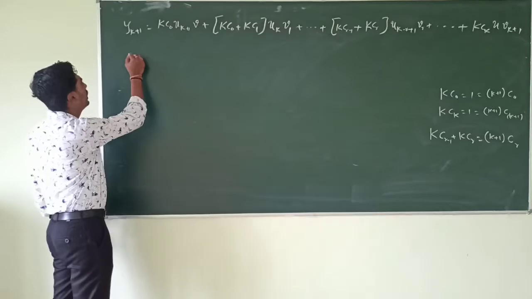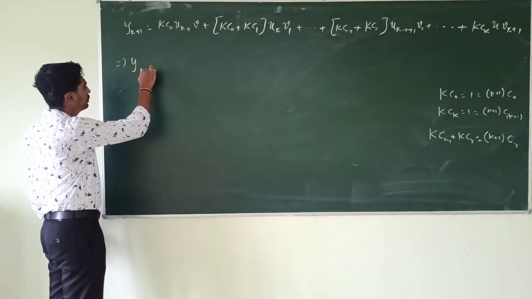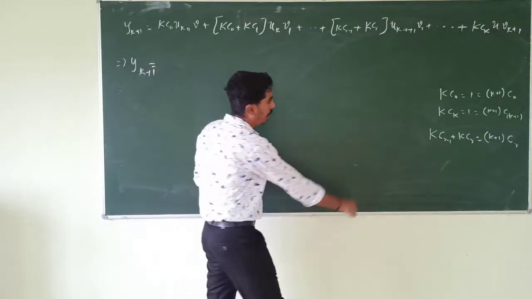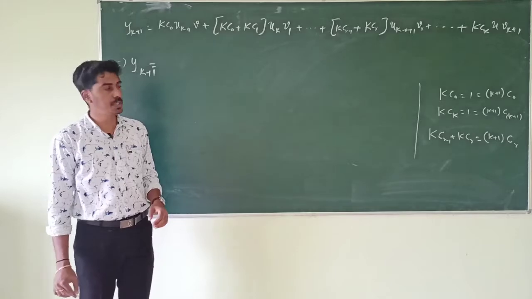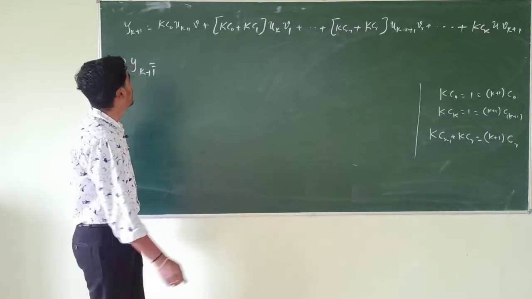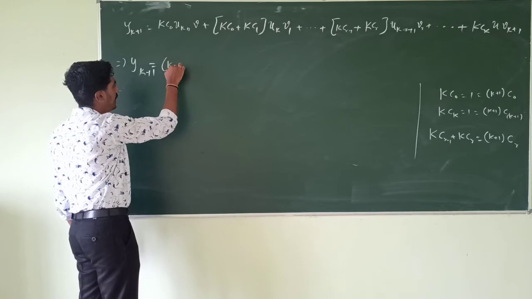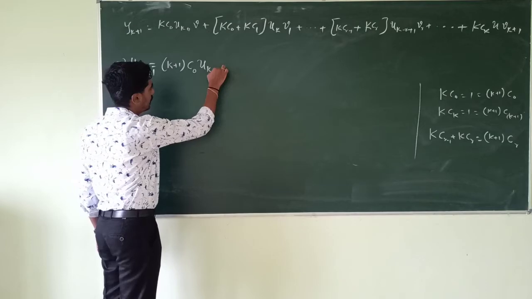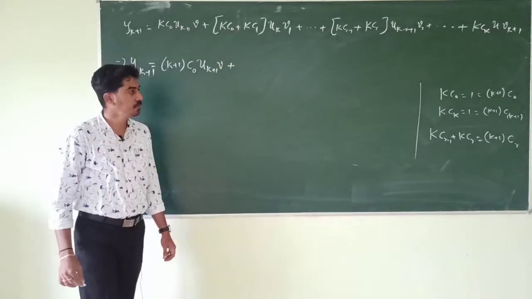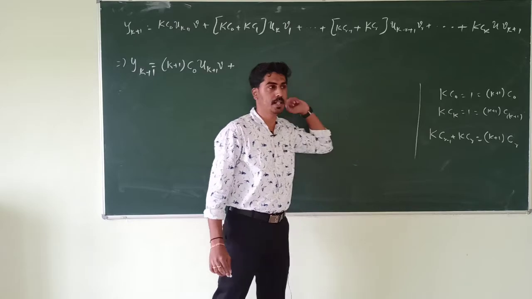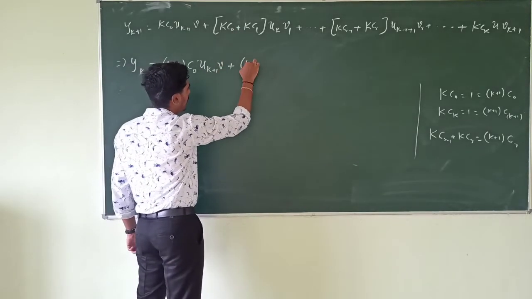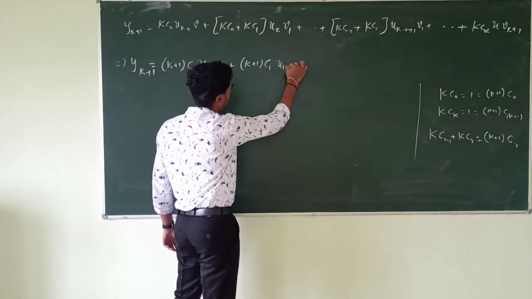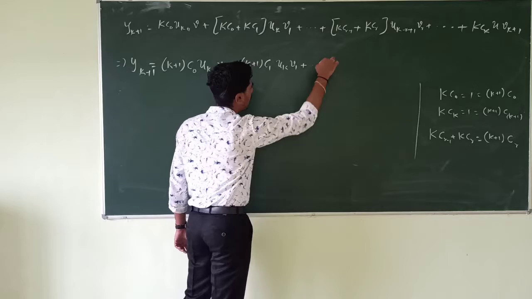Okay. If I use those relations here, I get kc0 is k plus 1 c0, uk plus 1 v plus, applying this formula here, this is nothing but k plus 1 c1, uk v1 plus and so on.